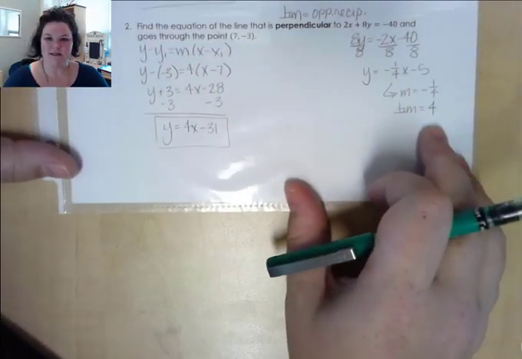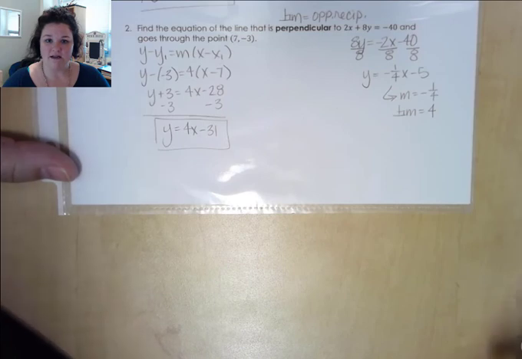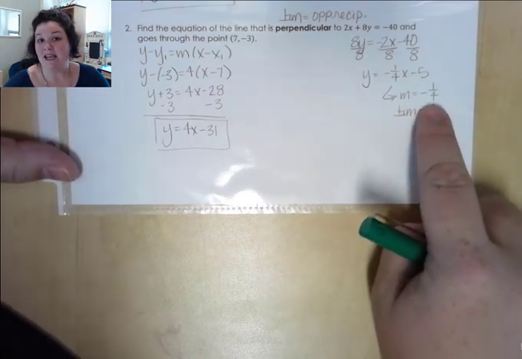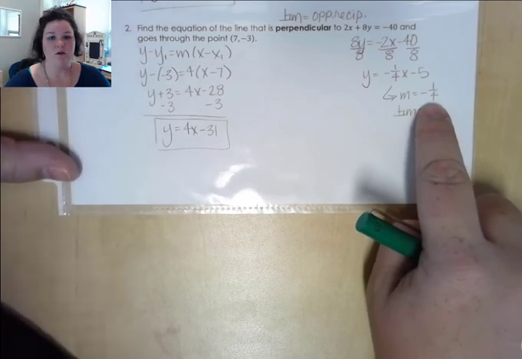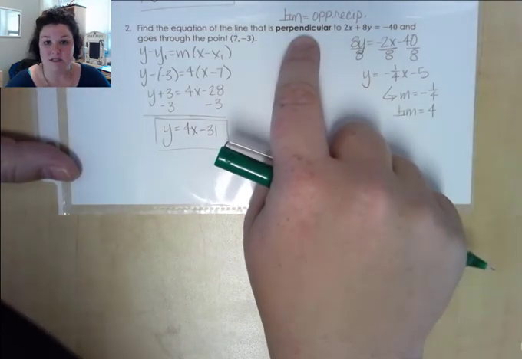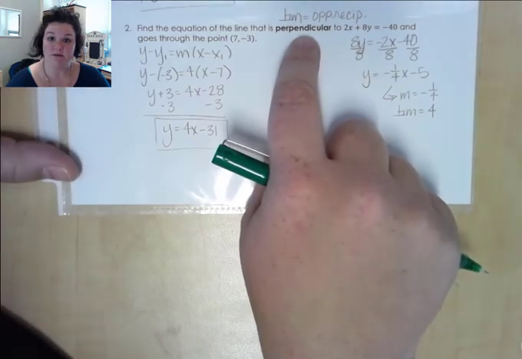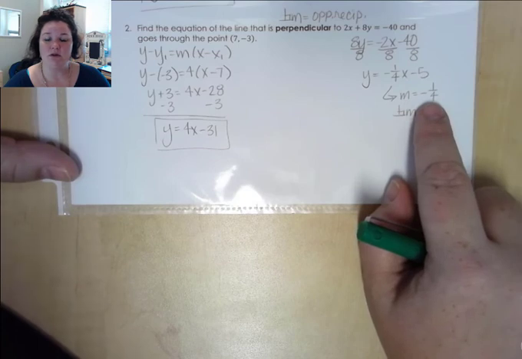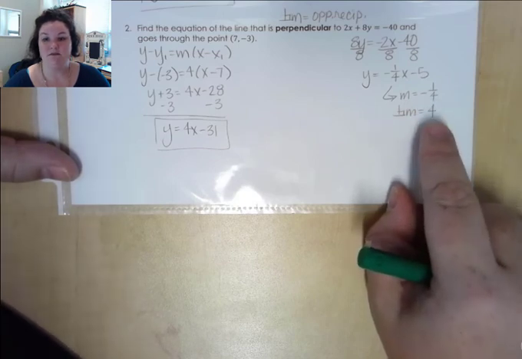Number 2, this time we want a perpendicular line. So when we find the slope of the line given, which should be negative 1/4, we don't want to take negative 1/4 as our slope because our slope is opposite reciprocal because our line is perpendicular. So if I do the opposite reciprocal of negative 1/4, that gives me a positive 4.